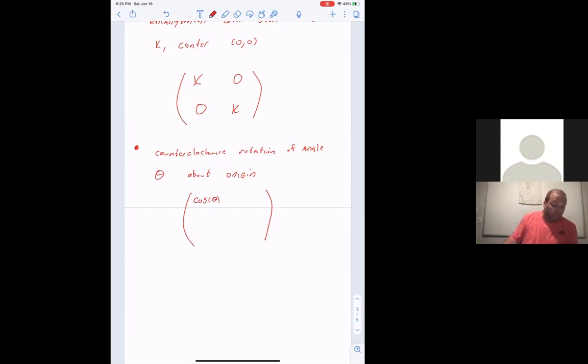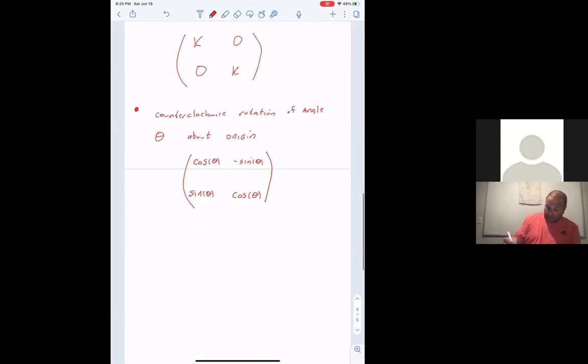First, we don't double the angle. We just do cosine of the angle, sine of the angle, and so on. And while the first one had the negative sign on the bottom right, this one has the negative sign on the top right. So 2 changes for a counterclockwise rotation and a reflection.